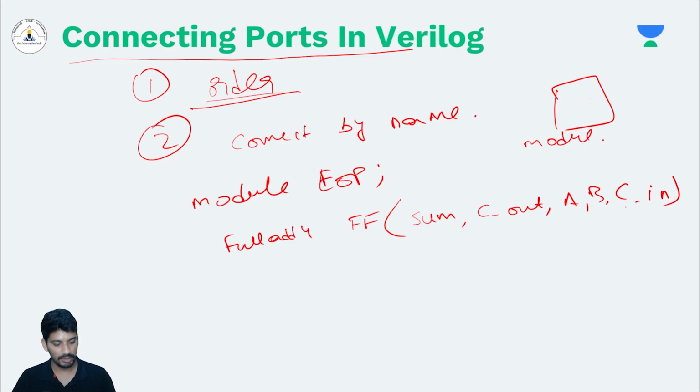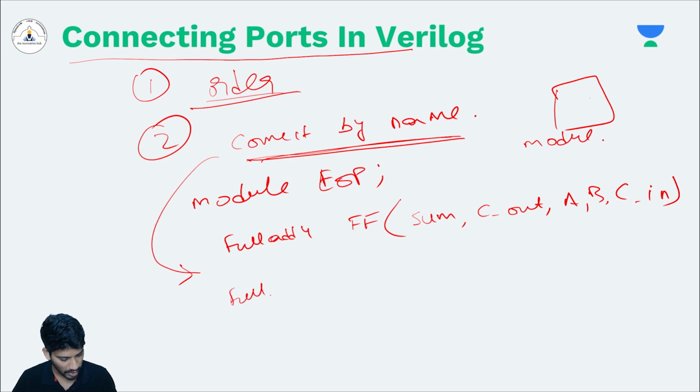Okay. The other way is you can do it by using connect by name. In this method, you can write like this: full add or FFCN, connect by name, let's say. First, you need to write the port name of the module that you are instantiating, right?